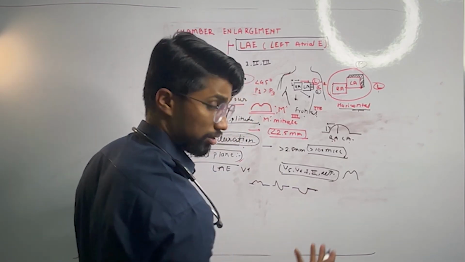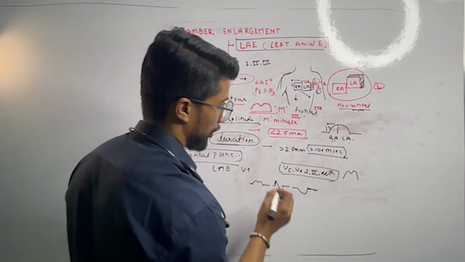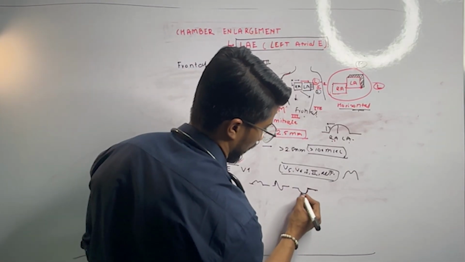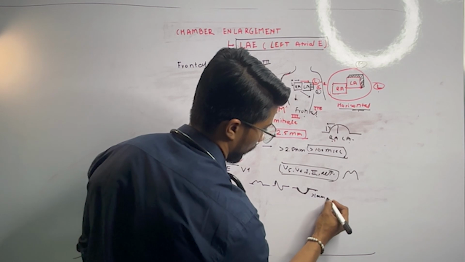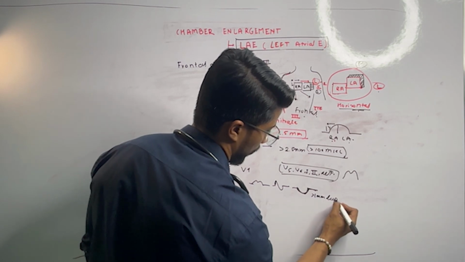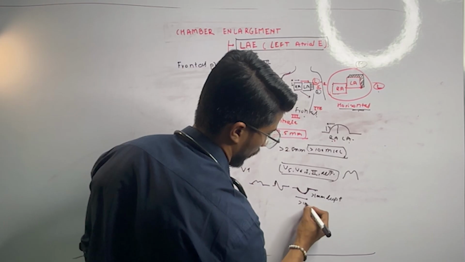So it's just like before, isn't it? But the difference is that this inverted P wave is going to be more than 1 mm deep plus more than 1 mm wide.